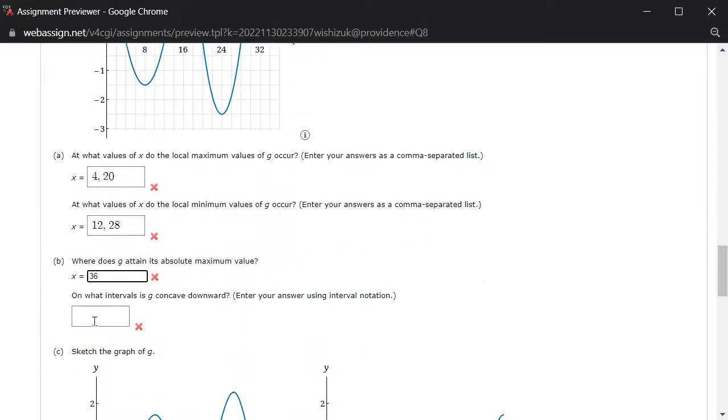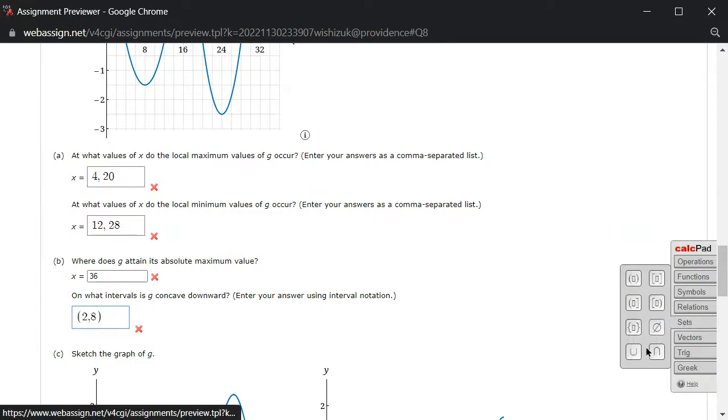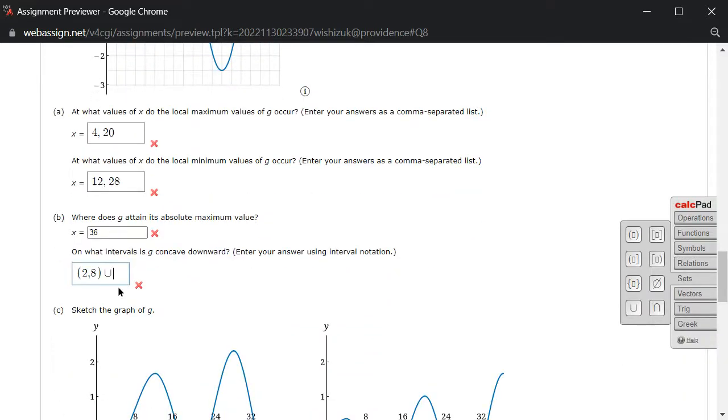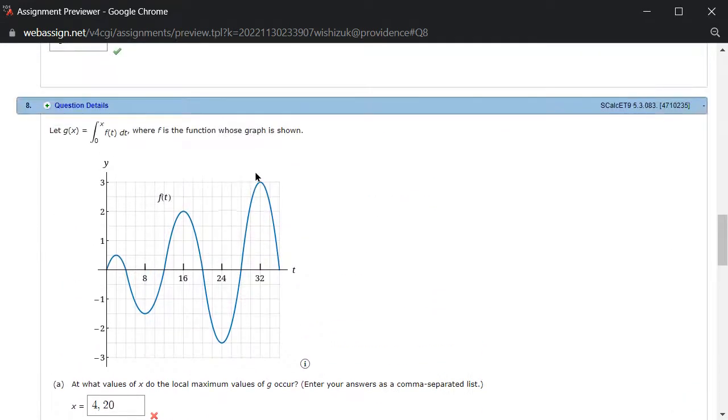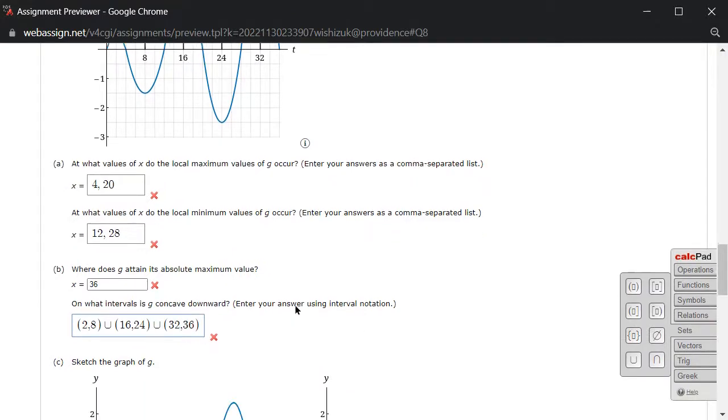So it's going to be 2 to 8, and then union, set union, also 16 to 24. And what else? Here this is decreasing, so 32 to 36. So we got that.